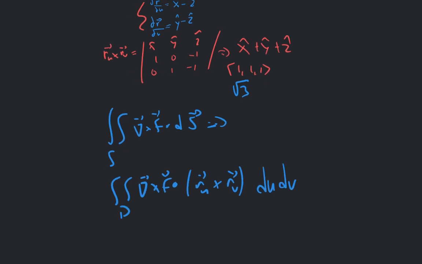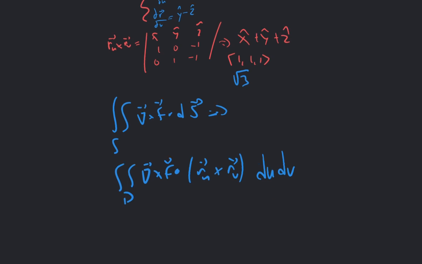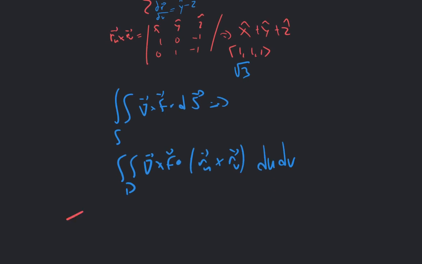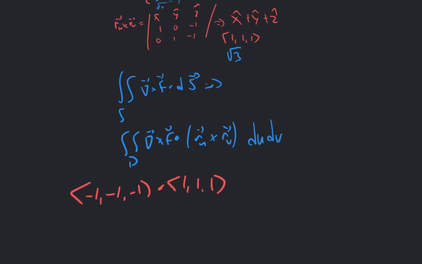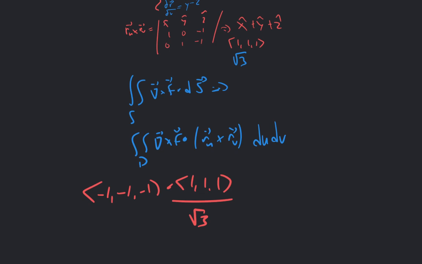And we're going to be integrating over the domain. So del cross f was -1, -1, -1. Ru cross rv was 1, 1, 1. And then we have to remember that we had our root 3 over here, because we're going to be dividing by the magnitude, because it's really ru cross rv divided by the magnitude of that.